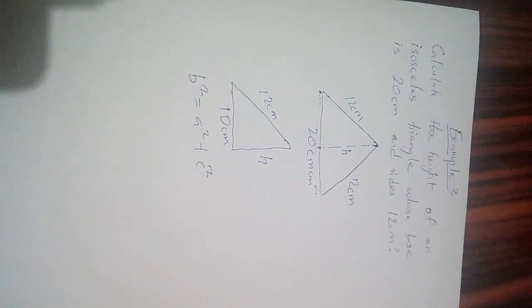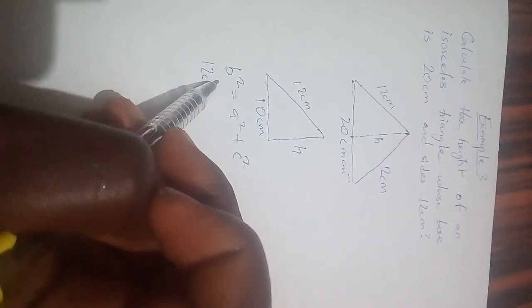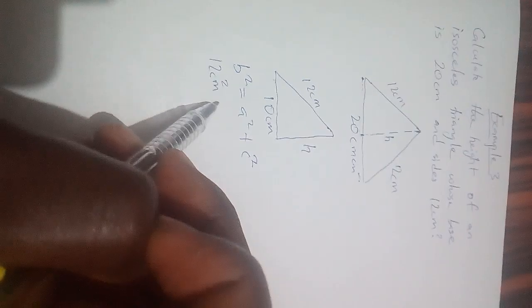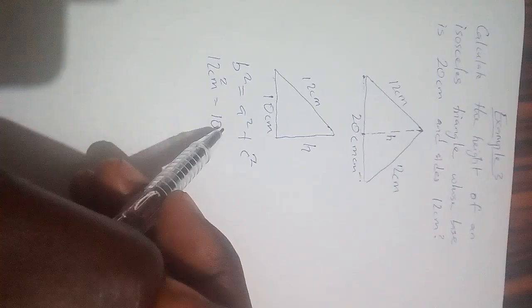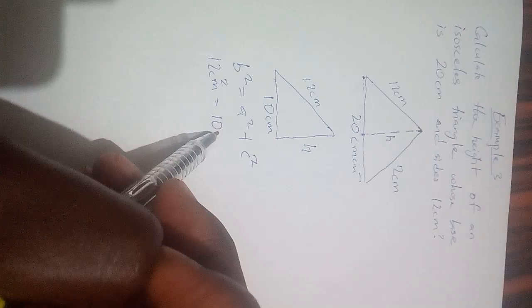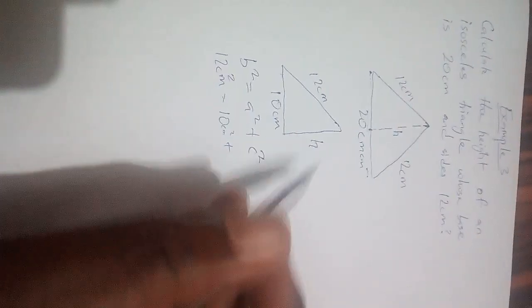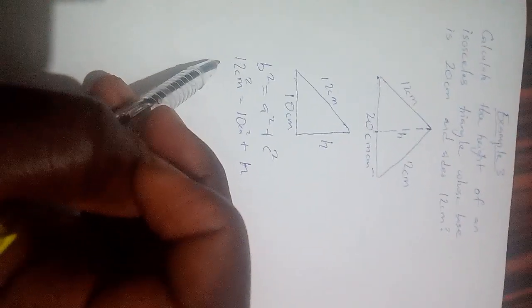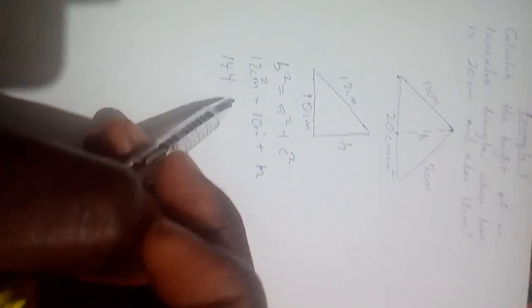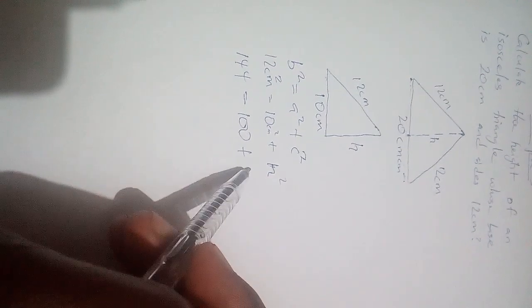So b square here is the long side, which is 12 cm square, equal to a square, which is 10 square, plus c square, which is this side we don't know, which is our h. All right, so 12 square is what? 144, which is equal to 10 square is 100 plus h square.